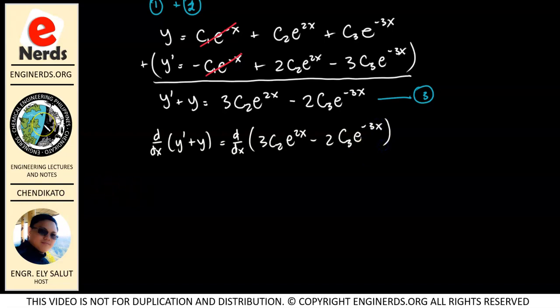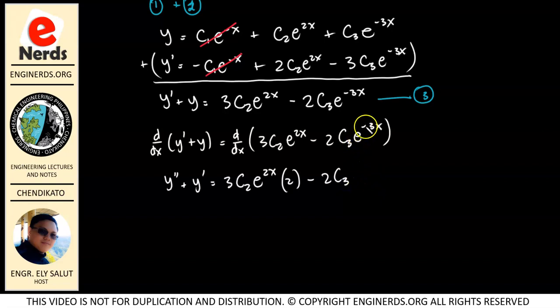Okay, so now let us get its derivative. So the derivative of y prime is y double prime plus the derivative of y is y prime. And this is equal to the derivative of 3c2e to the 2x. So we have 3c2. Then the derivative of e to the 2x, e to the 2x times the derivative of 2x, which is 2. Then minus 2c3.